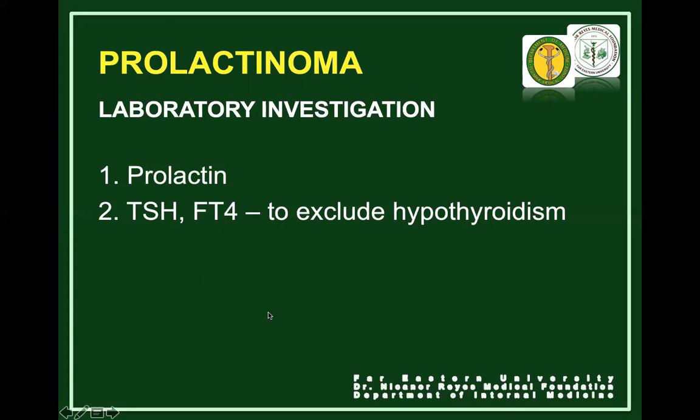And then the other thing is, again, if you think there is other hormone excess and also underactivity in other hormones, then you have to check that one. But the main ones are this. And then lastly, you have to do an MRI. So the MRI should say specifically that it is for the pituitary, so you will get specific cuts in your pituitary. Otherwise, you will not get a specific cut in your pituitary.